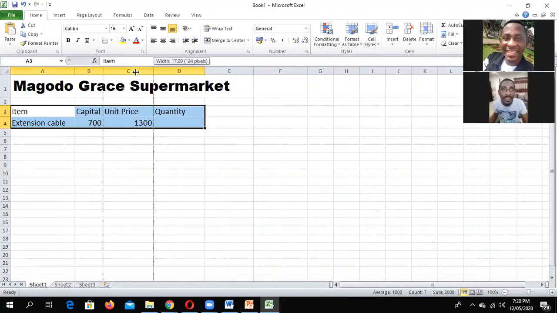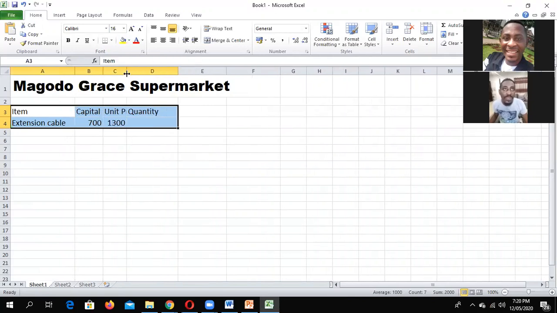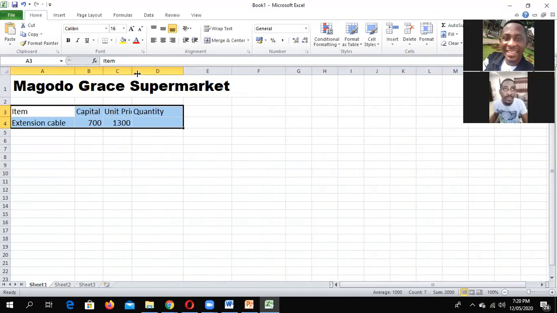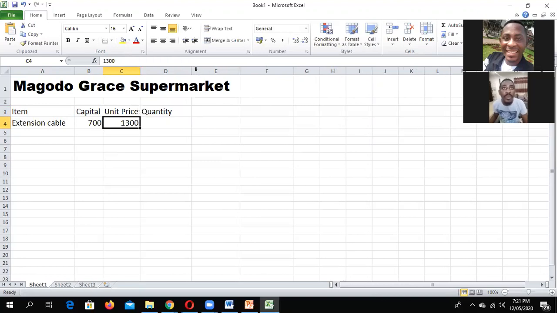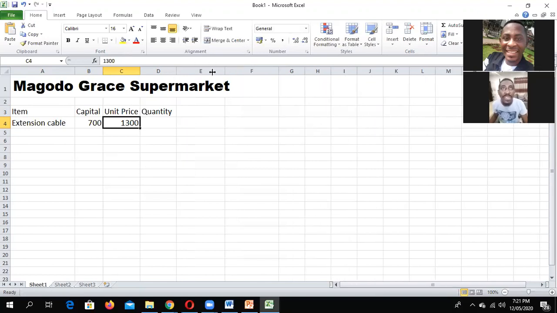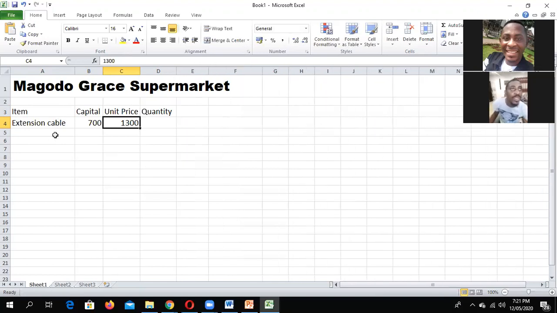Yes, so please, you can always reduce your cell. I'm just trying to reduce so that I don't have unnecessary space, too much space. So extension cable. So the quantity is, let's assume that they have 20 in stock.